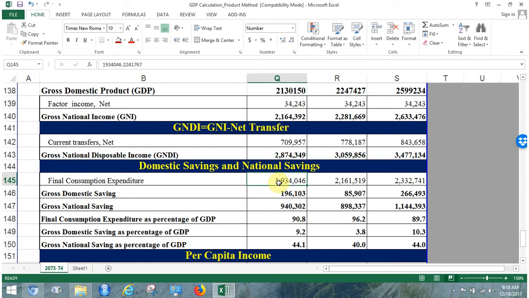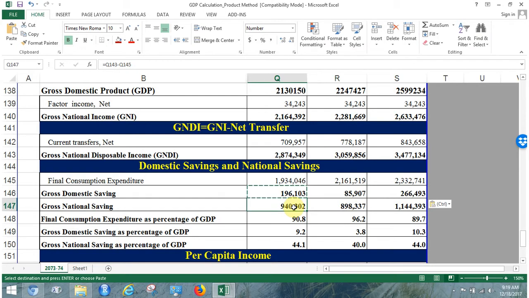So these are the estimates of final consumption expenditure. The domestic saving is simply calculated as the difference between gross domestic product and the final consumption expenditure, which is 196 billion. So we can use this formula for all the 3 years.